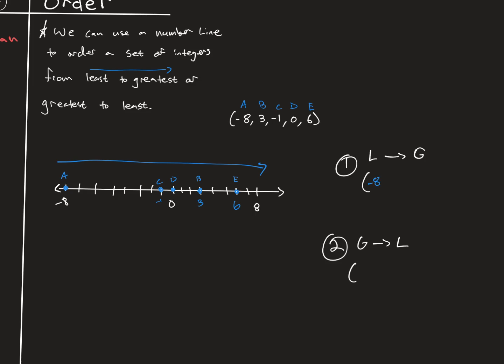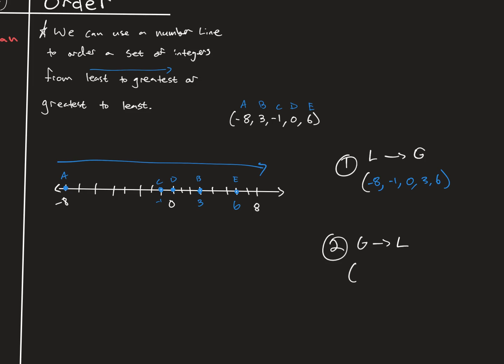So I would have negative 8, comma, and then negative 1, comma, 0, comma, 3, comma, and then 6. And then that's going least to greatest.